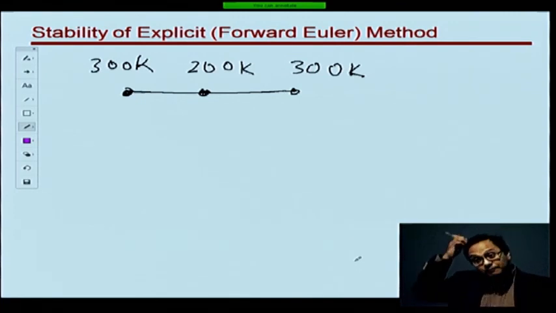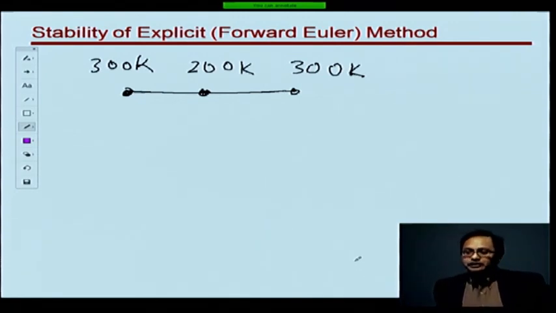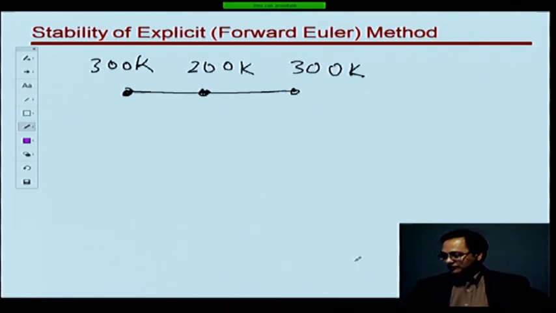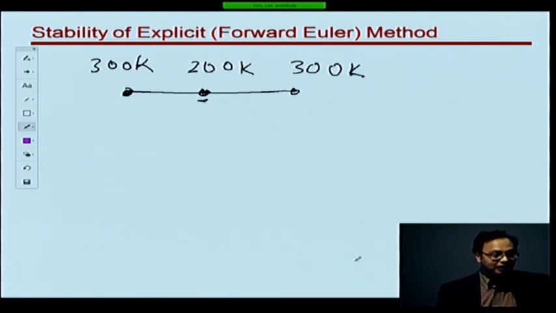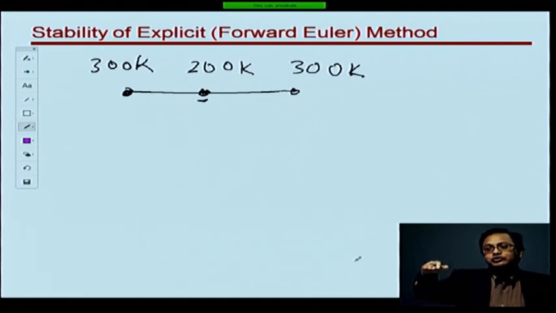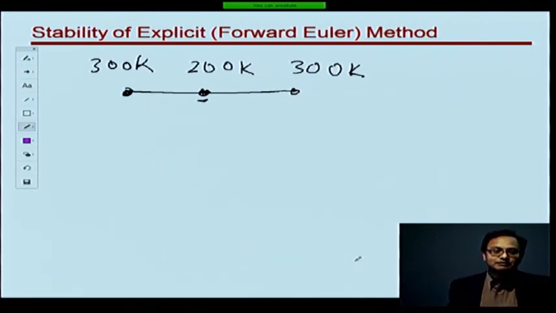Now I'm going to advance forward in time, and what I expect is that at the next time step the temperature of this node is going to be somewhere between 200 and 300, and slowly it's going to go up to 300, and 300 is my steady state solution everywhere. This is a simple heat conduction problem. That's what I expect. Now let's see what happens when we do that.